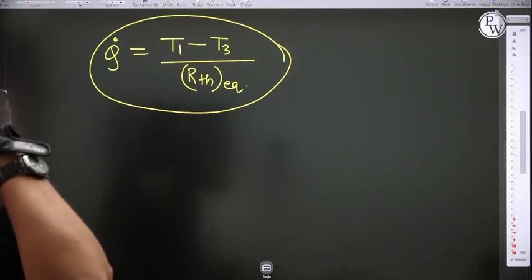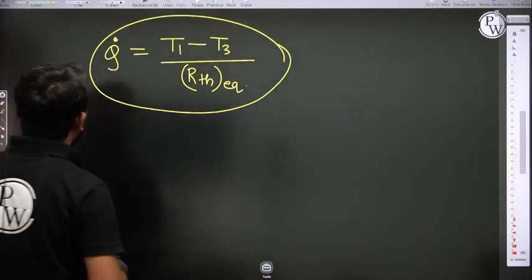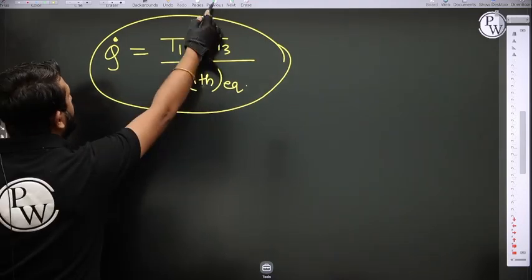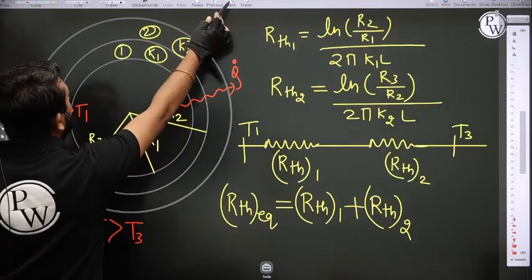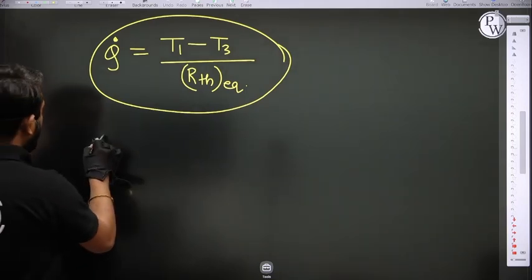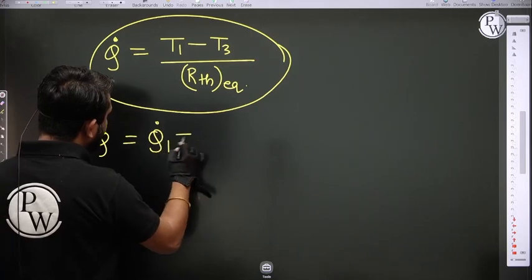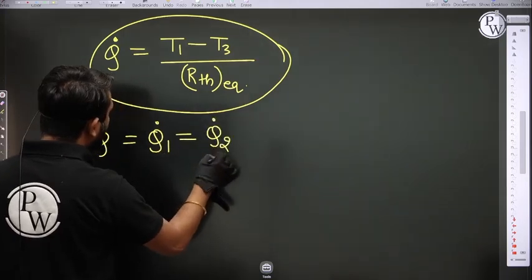Is it clear? Now see, if I want to calculate T2, the intermediate temperature, by energy balance we can find T2 also, right? I already told you, series connection. So Q dot is equal to Q dot 1 is equal to Q dot. So what is Q dot?